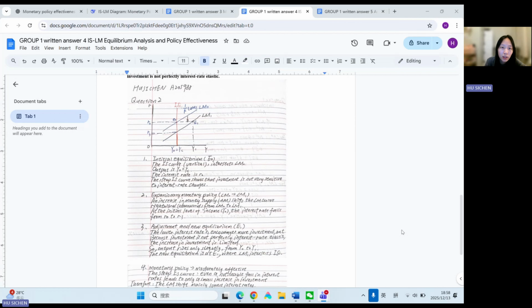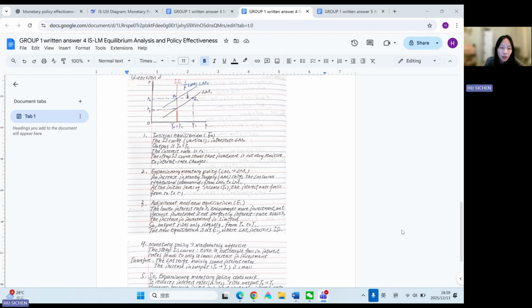When an expansionary monetary policy is implemented and the money supply increases, the LM curve shifts rightward from LM0 to LM1. At the original level of output Y0, the interest rate falls from R0 to R3. The lower interest rate stimulates investment, which increases aggregate demand and leads to a rise in output from Y0 to Y1, moving the economy to a new equilibrium at E1.